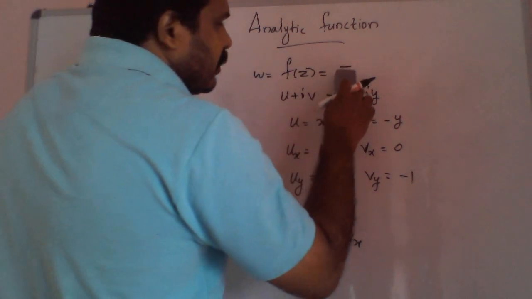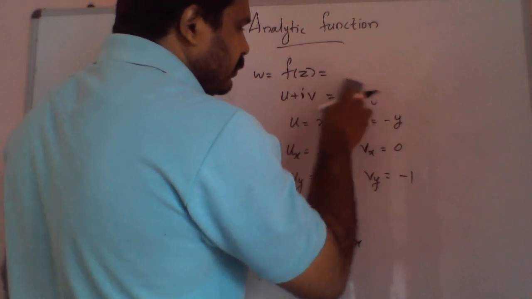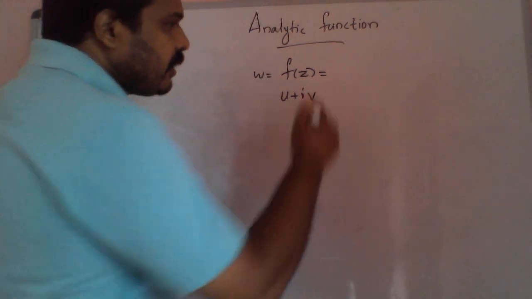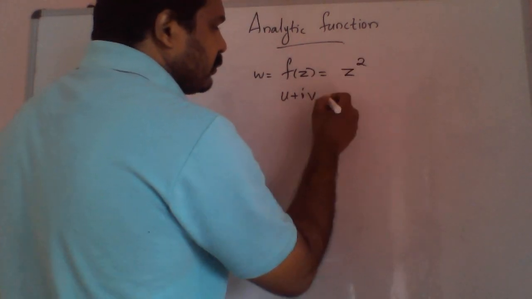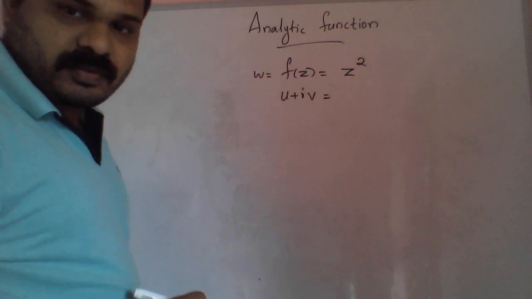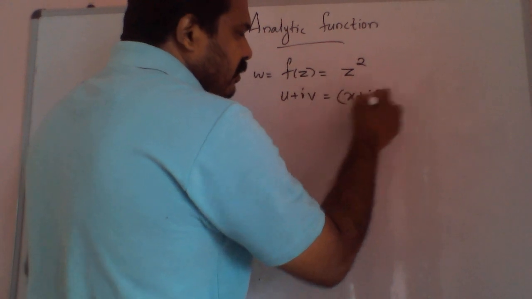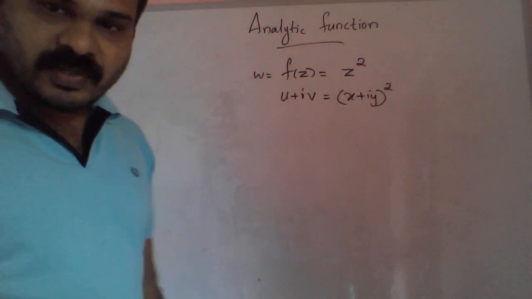Now we choose another example. f of z equal to z square. So u plus iv is x plus iy the whole square, since z is equal to x plus iy.